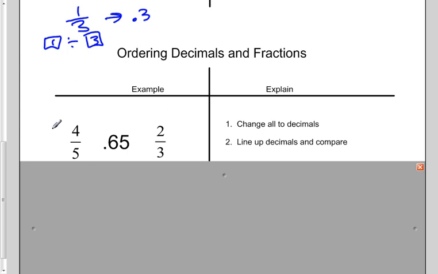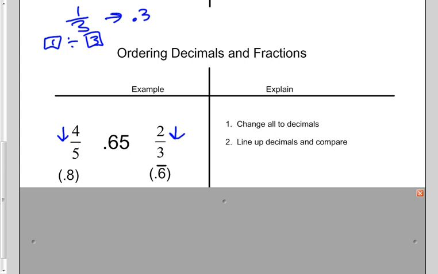So for this one, I'm going to do 4 divided by 5, and then here 2 divided by 3. Okay, and I have those values. So we have 8/10, 65/100, and 0.6 repeating, which is going to be the same as 666, etc. So let's go ahead and look at the tens place. We have an 8, a 6, and a 6. So one of these two is going to be our smaller number.